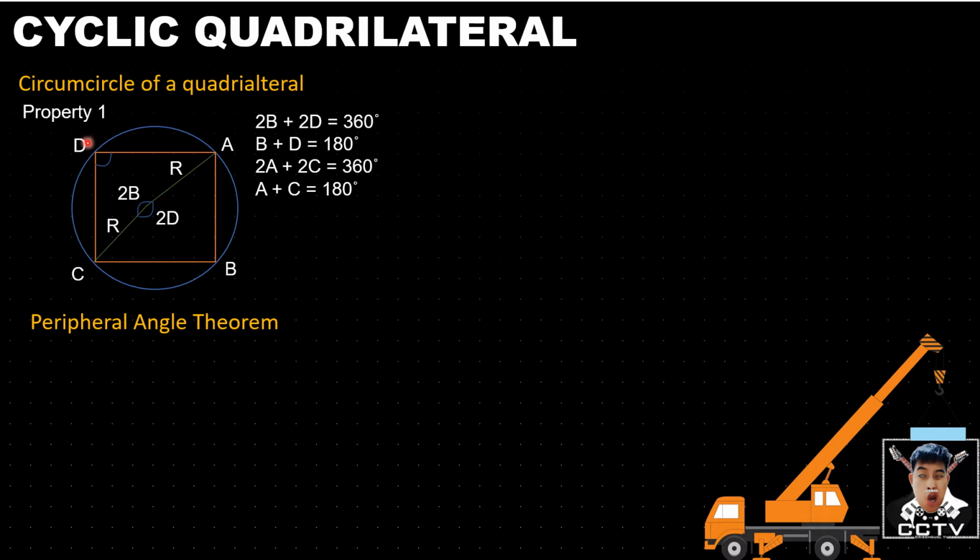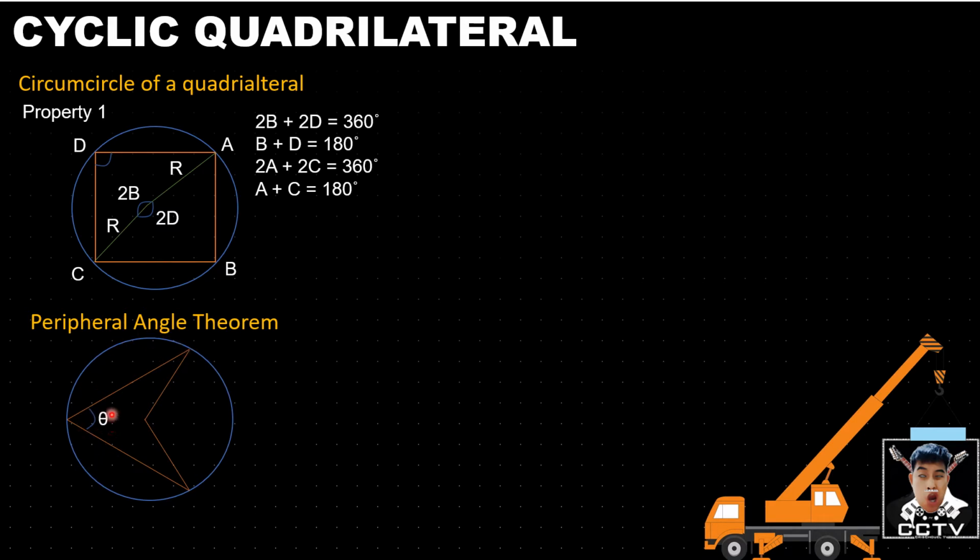Yung angle dito is twice the central angle, which is this one. And this one is twice the central angle. Ganon din dito. Pagka nagkaroon ka ng radius papunta dito. Ito nga. And another theorem is peripheral angle theorem. For example, meron tayong circle dito.